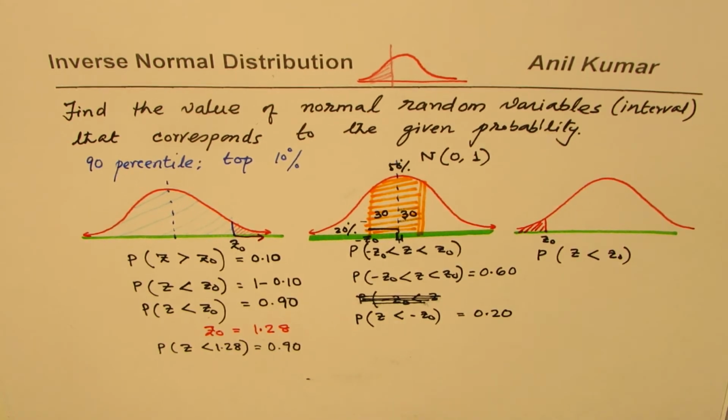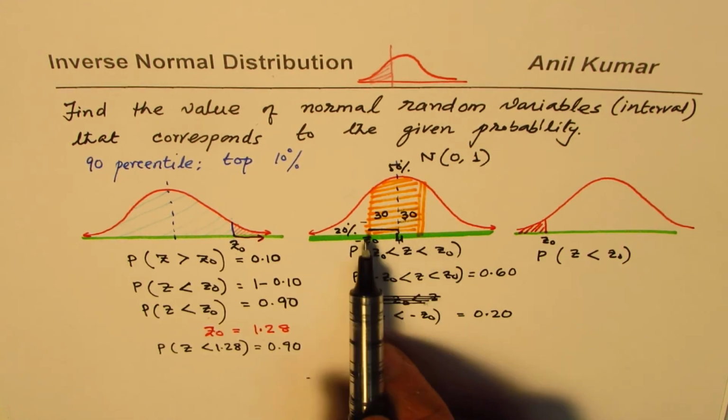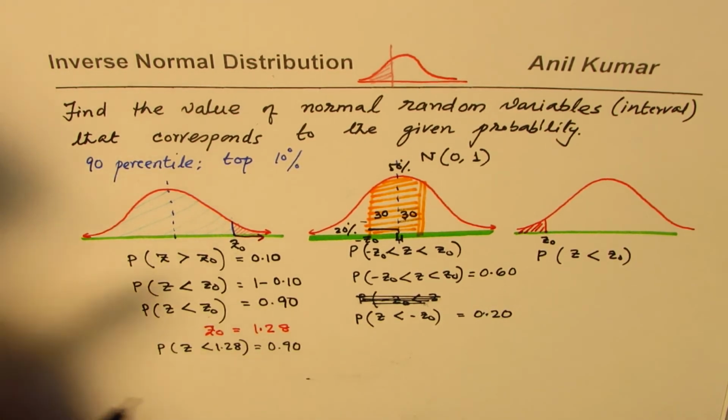You get an idea, right? The other one is the positive value of that. So 0.2 negative value we're looking at.